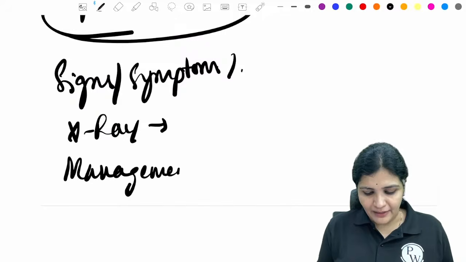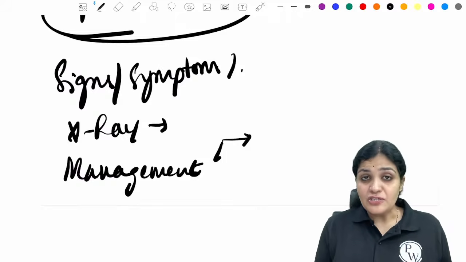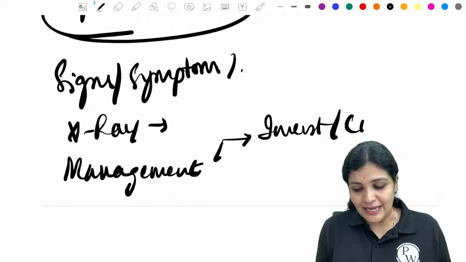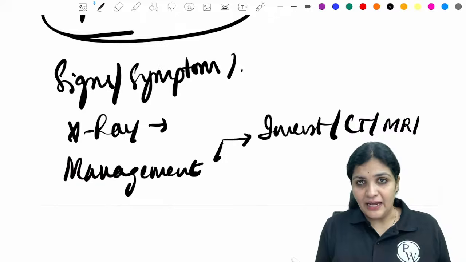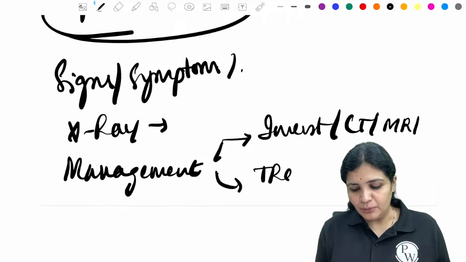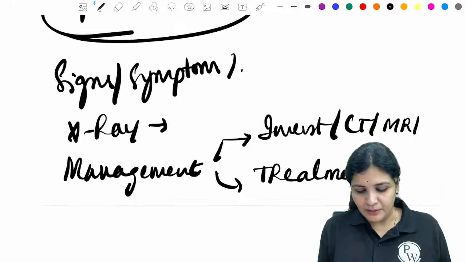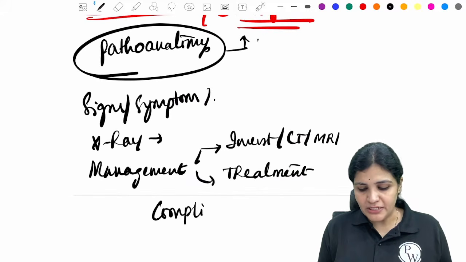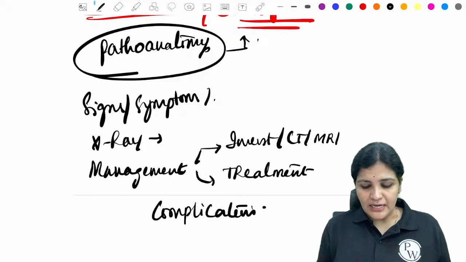So you will tell the management. So how will you do the management? First, always you have to investigate again. So you will go for a CT scan or an MRI, confirm the diagnosis, and then you will tell the treatment. And not to conclude without telling the complications. So complications is very, very important. So these are the side headings.